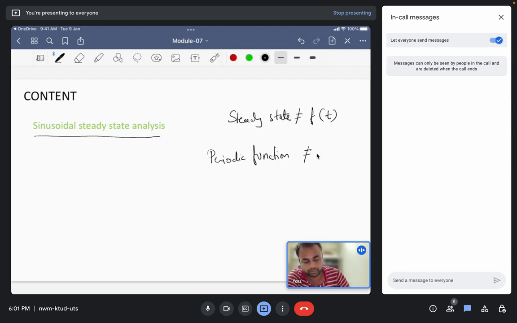For example, if you have a sinusoidal wave, this is one time period that we call T, which is around 2 pi. Similar to this, we'll be solving problems for sinusoidal steady state only in today's class.